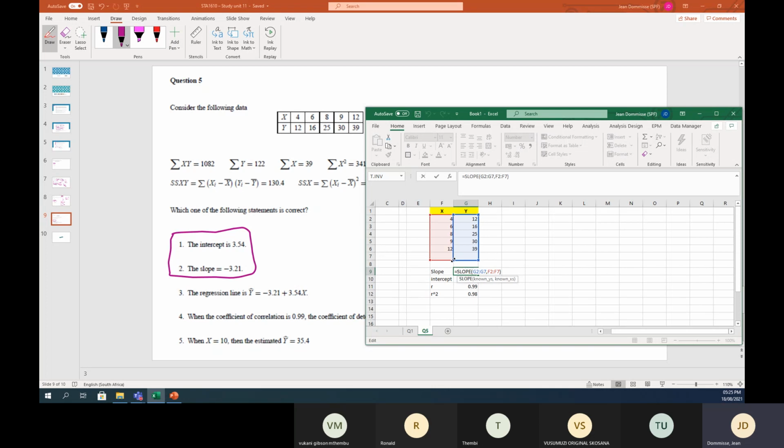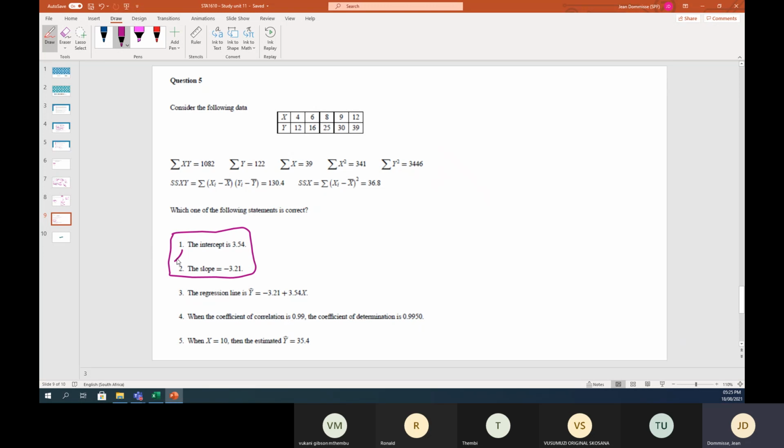Let me see if I do that, if it makes any difference. It's not supposed to. I'm just going to undo so that you can use it for other data if you want to add more. This one is wrong because it is the intercept that is minus 3.21, and this one is wrong because, again, it is turned upside down.